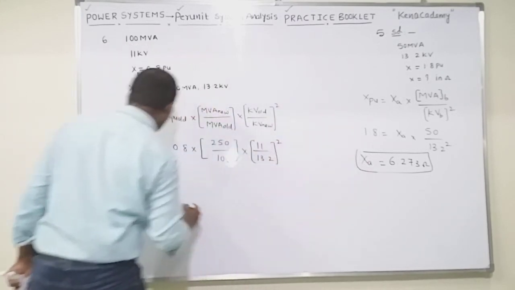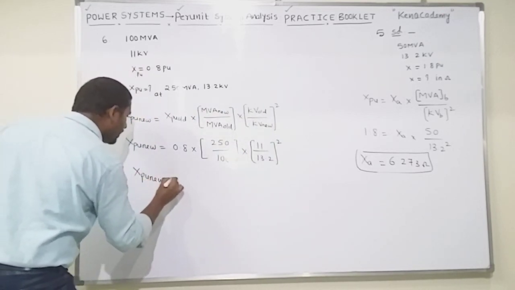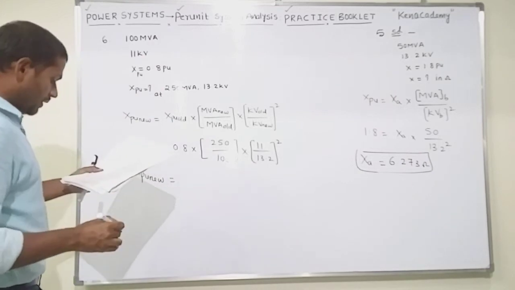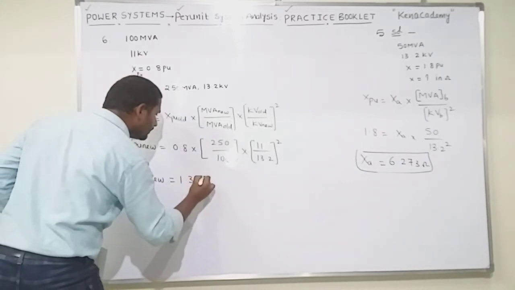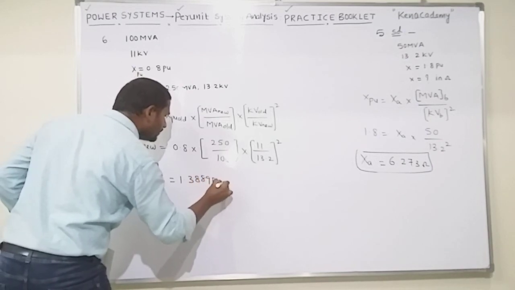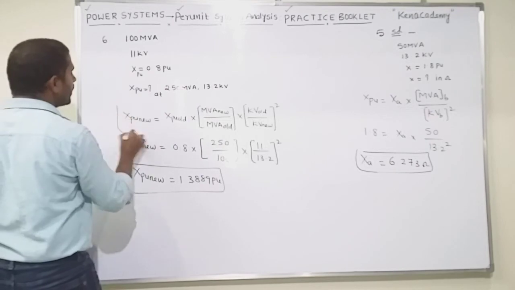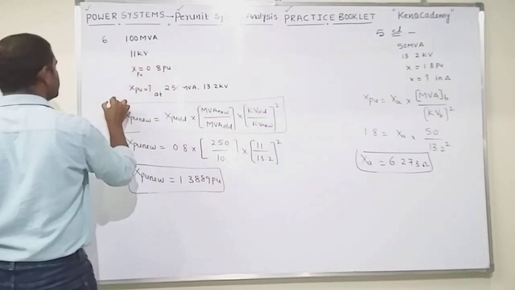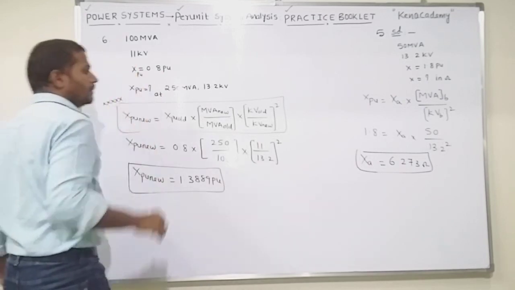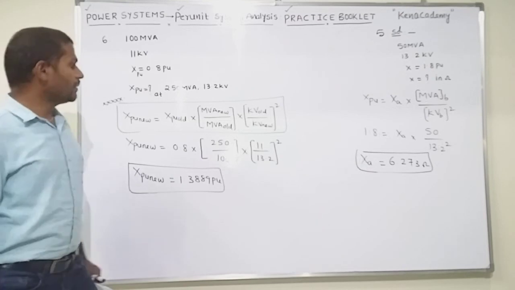Then you do this calculation. What is the X per unit new we can get? We can get 1.3889. This is per unit. Clear? This formula you already know. The concept I already gave, the proof also. It's okay. This is question number 6.